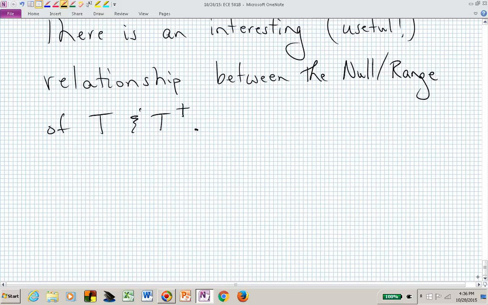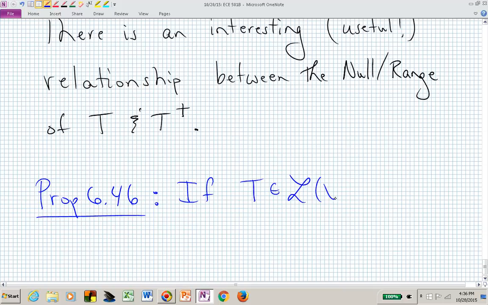And the book in the second edition has this as Proposition 46 in Chapter 6.